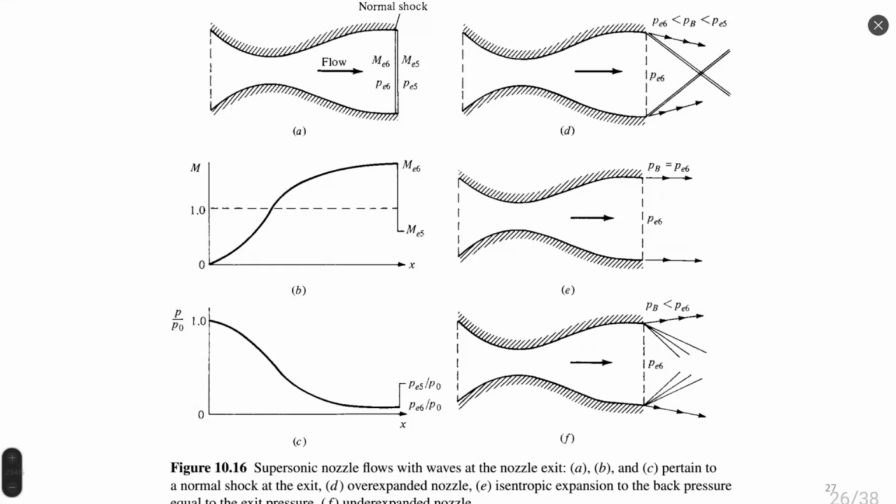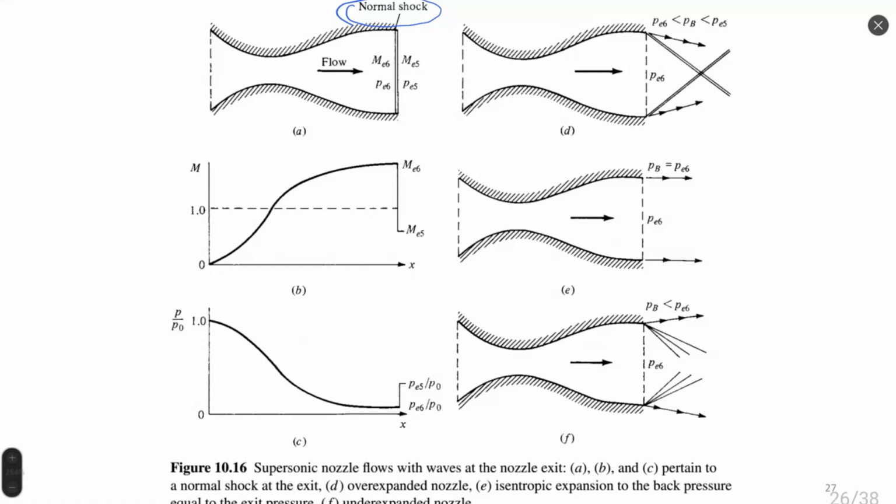In this case, it can create several types of flows depending on the values of PE5 and PE6. It can be a case with a normal shock wave placed on the exit of the nozzle. This case is the simplest to calculate analytically. I think it can be done in just one or maximum two iterations of calculation.